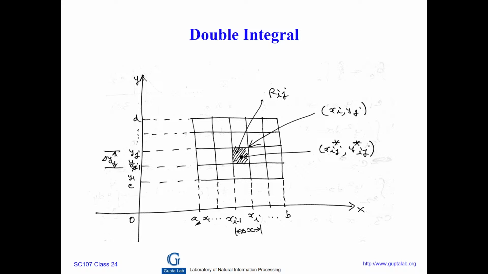This is basically on the ground, on the rectangle, right? So you can see that this is the width of this subinterval, delta x. Similarly, there will be a corresponding delta y. So this is a small area of the rectangle below that surface, right?